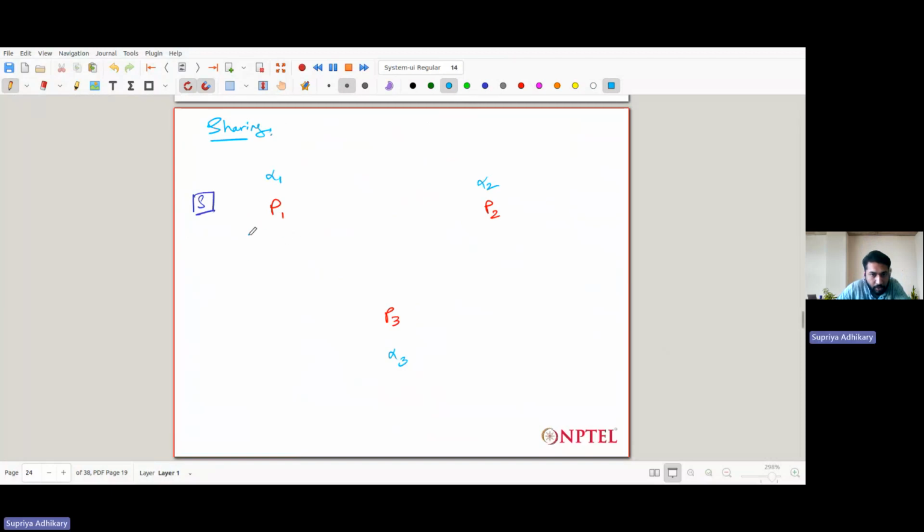So now S can be written as S plus alpha 1 plus alpha 2 plus alpha 3, since this sum is equal to 0. What P1 would do is send S plus alpha 1 to P2, P3 would send alpha 3 to P2, and P2 would send alpha 2 to P1.